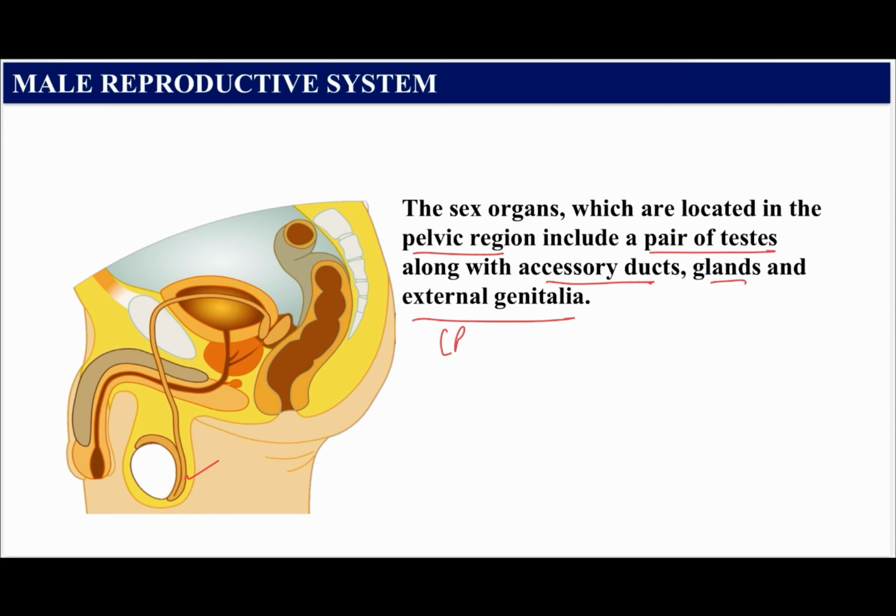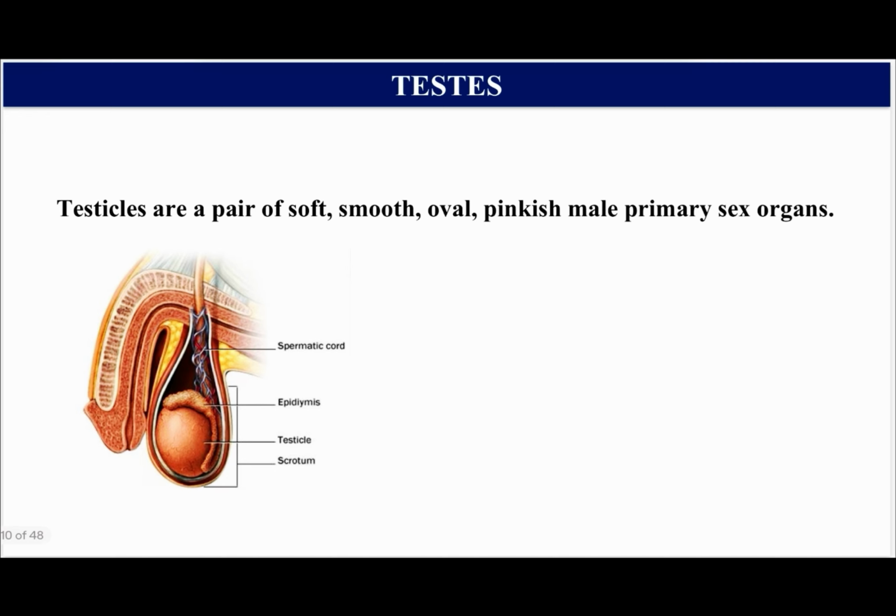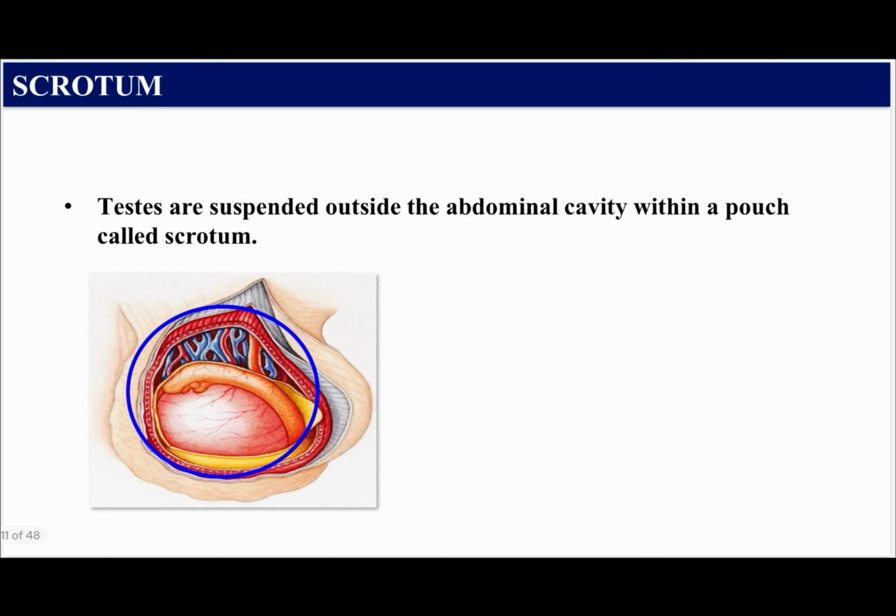The external genitalia here is the penis. Now first is the testis. Testis is the singular form, testes is the plural form. The testes are a pair of soft, smooth, oval, pinkish male primary sex organs.